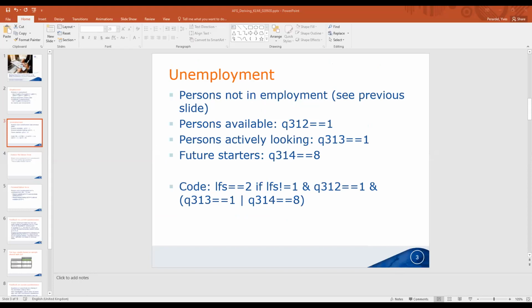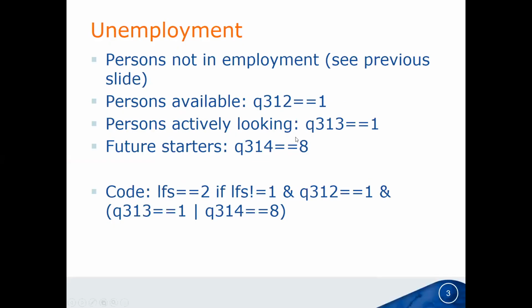So that's really an availability question. We use it as one of the 3 criteria. The persons have to answer yes, they are available, in question 312. And then we want to ensure that we have only the persons who are actively looking for a job. For this, we will use question 313.